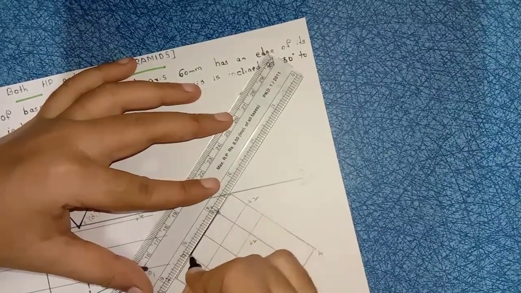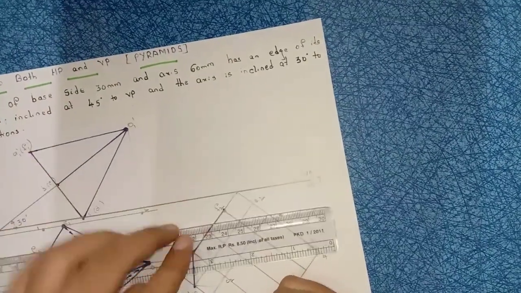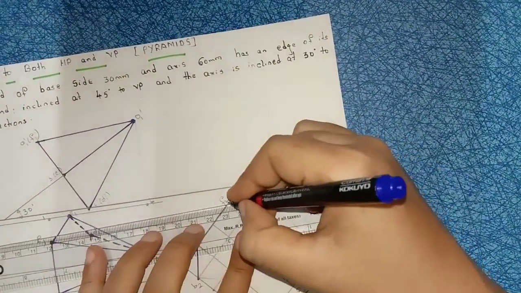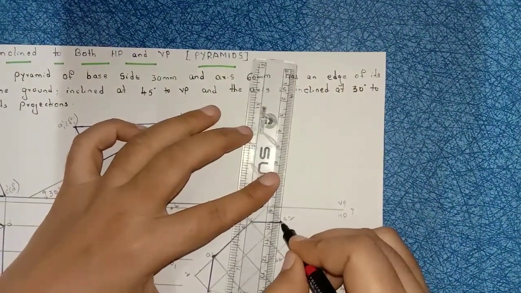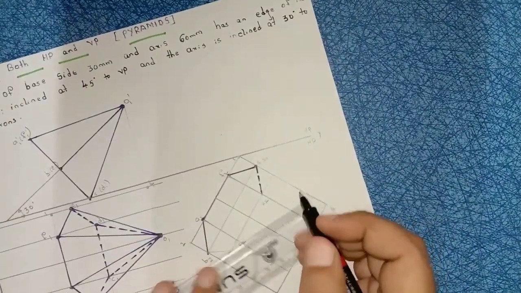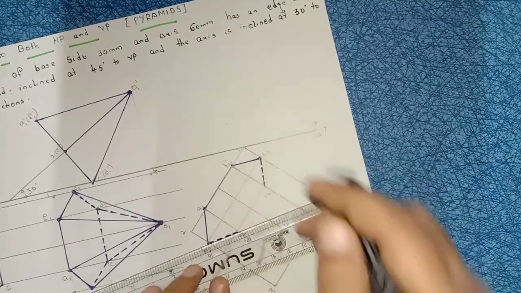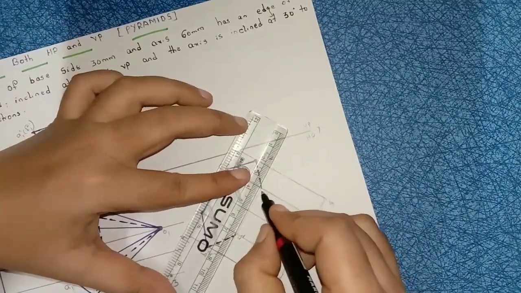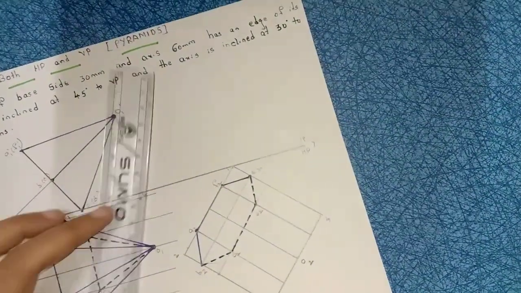So let us see. See, I got the hexagon here. Same hexagon I am constructing here.